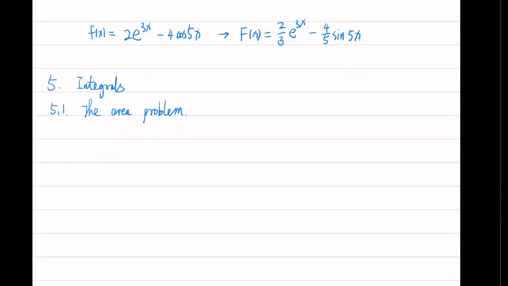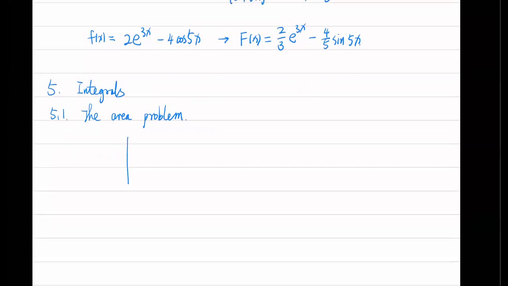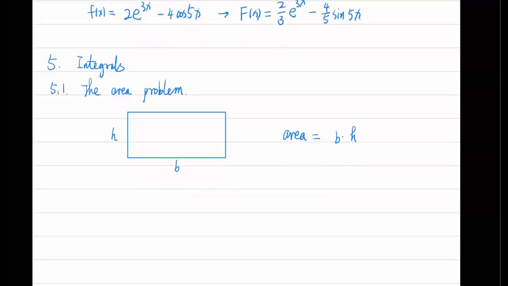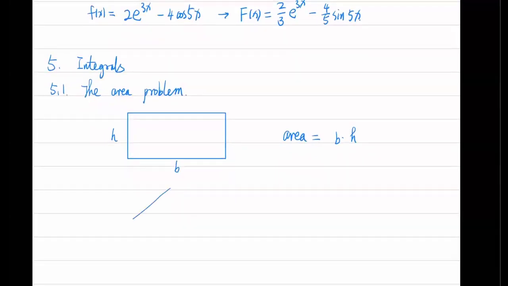If we have a rectangle with base and height, what's the area? Base times height. Everyone knows. Okay, now a slightly more general one.